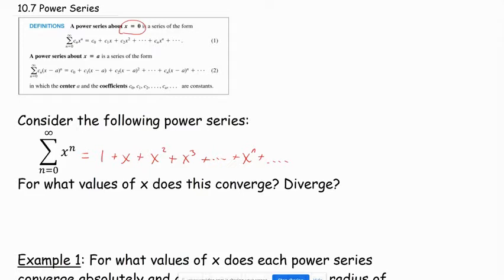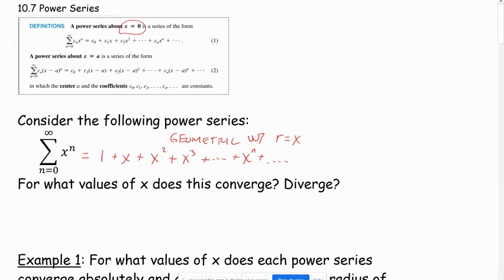Since this is a geometric series with common ratio x, to get from one term to the next, all we're doing is multiplying by x.